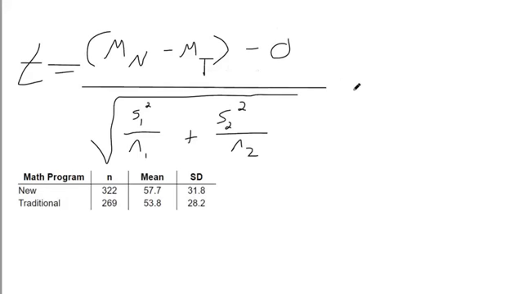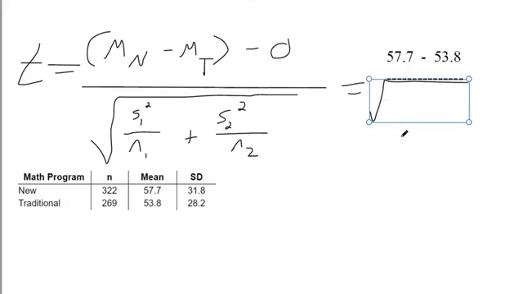So if you plug all that information in here, except we're using a sample mean, not a population mean, in the numerator we're going to have 57.7 subtracted by 53.8, and that's being divided by the square root of the first sample standard deviation squared over 322 plus the second standard deviation squared over 269.